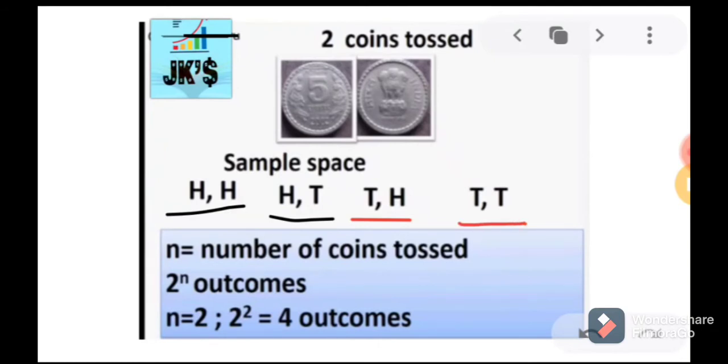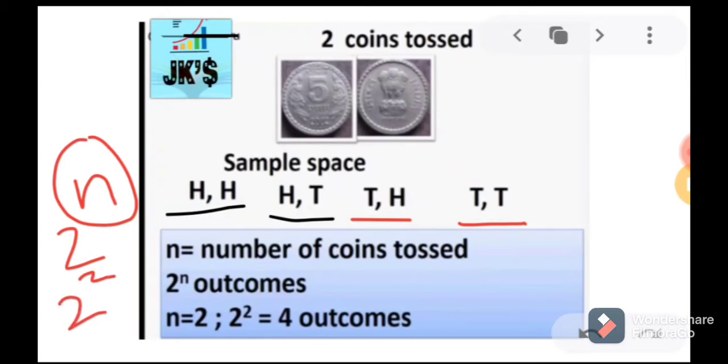If the number of coins tossed is n, the outcomes are 2 to the power n. Here two coins are tossed, so 2 to the power 2 means there are 4 outcomes.